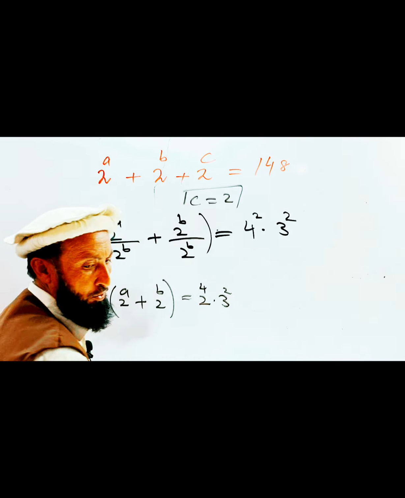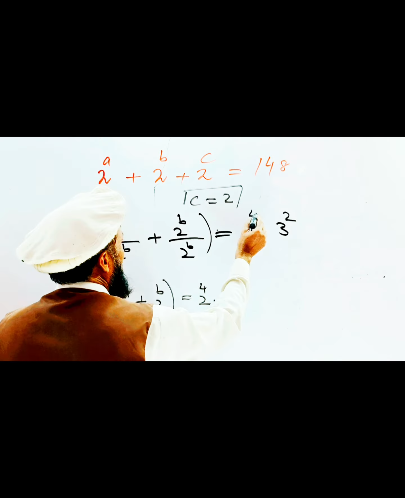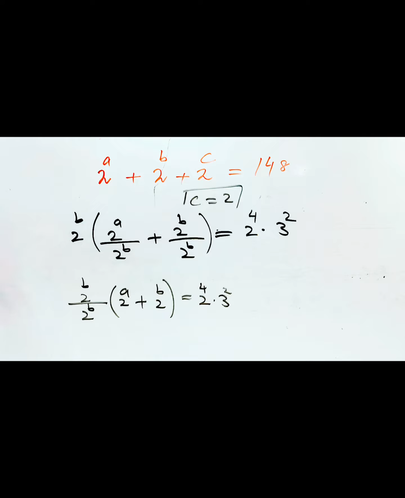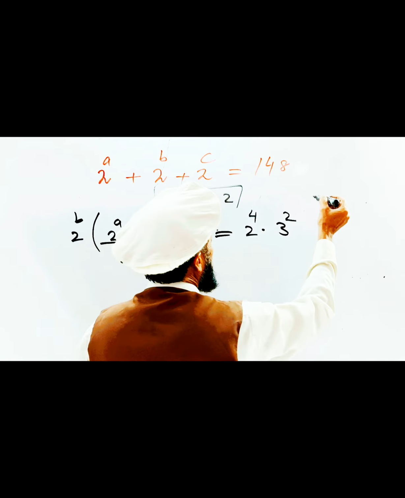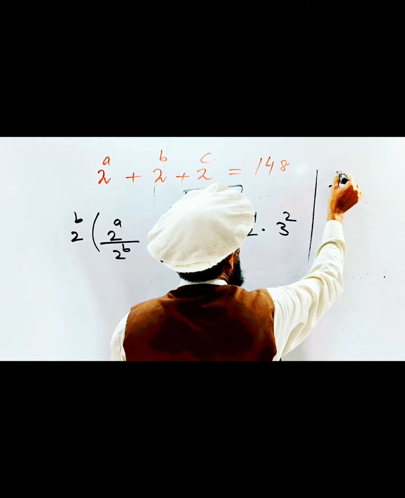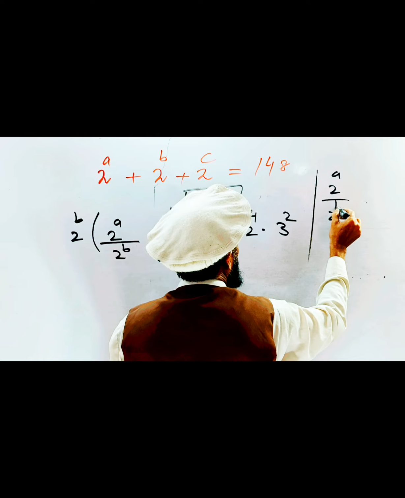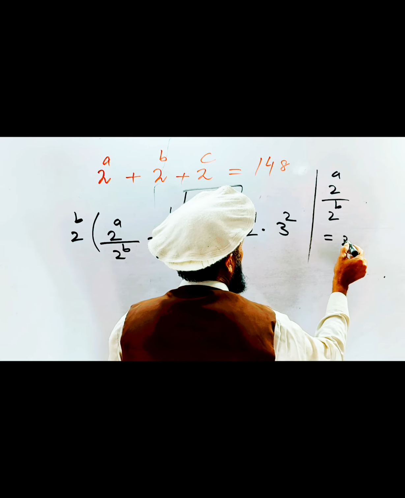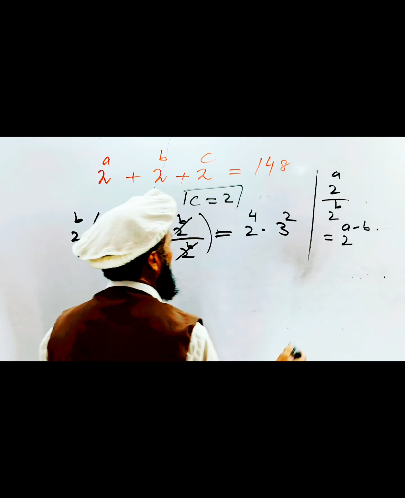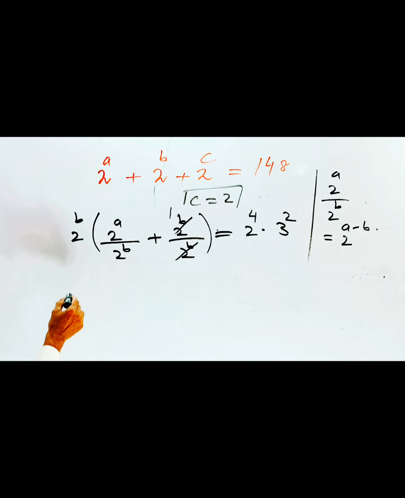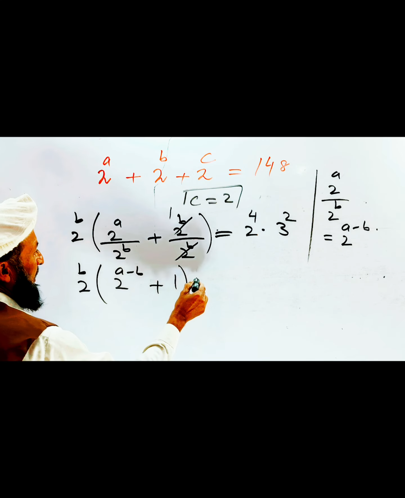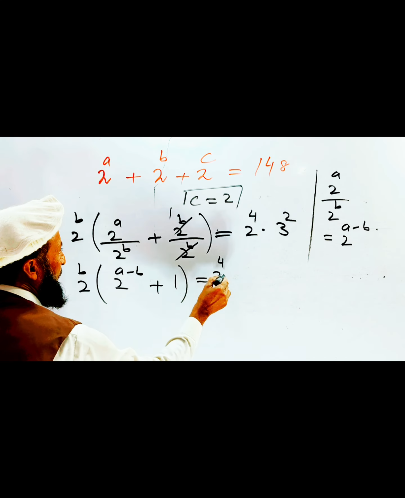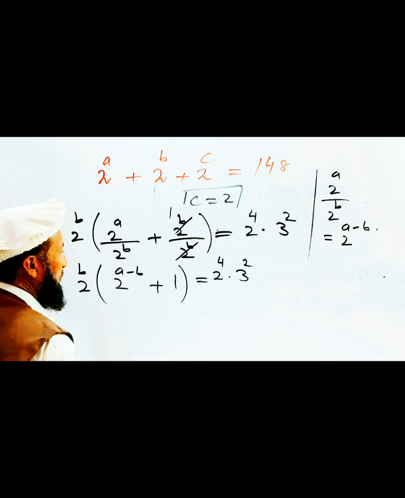Sorry, the exponent of 4. Now we divide this one, and we get, as already done in the previous steps, 2^a and 2^b. So we take one base, in a minus b, we can write in this form. So 2^b, this term we can write as a minus b plus 1, is equal to 2^4 and 3 square.